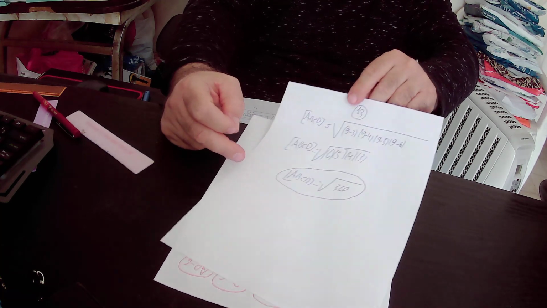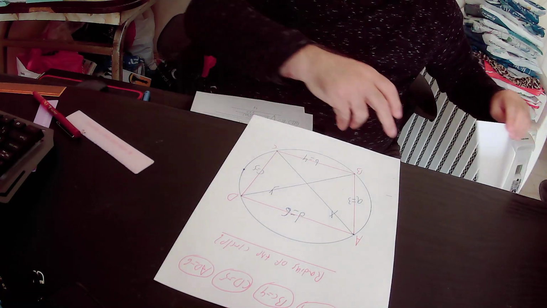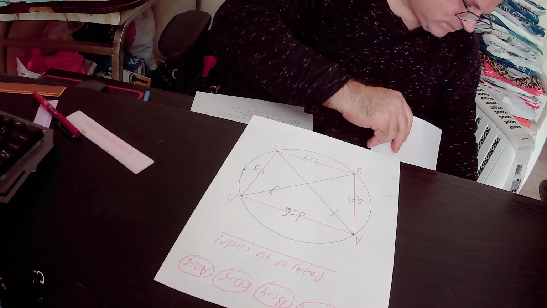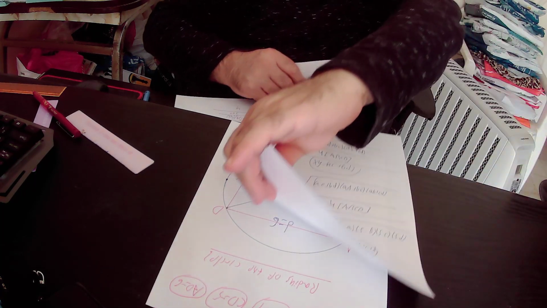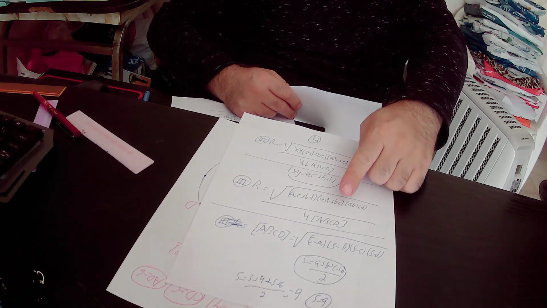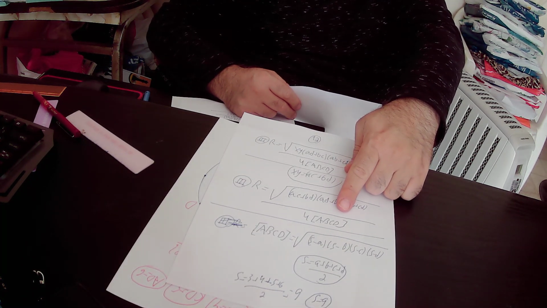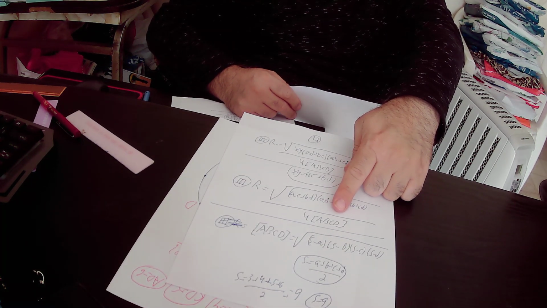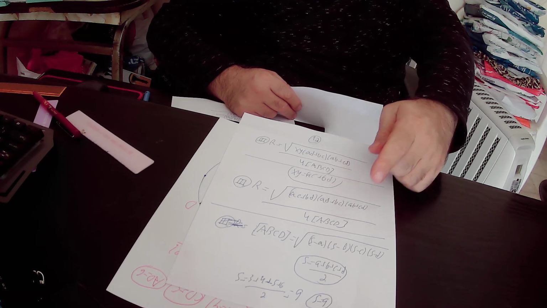So we can substitute here the area of quadrilateral ABCD in this equality by the root of 360, because the area of quadrilateral ABCD equals the root of 360 square units.